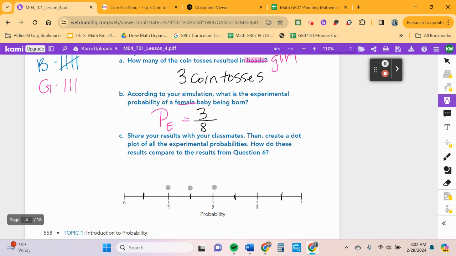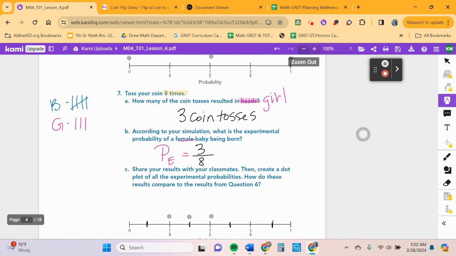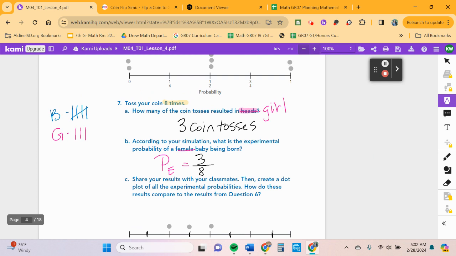And now the last question in part C says, how do these results compare to the results in question 6? Well, the main thing that you'll notice is that for question 6, there were only 1, 2, 3 different probability outcomes that they could have gotten.